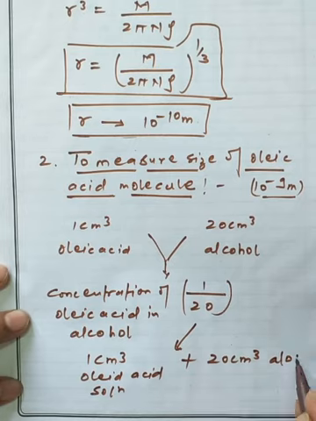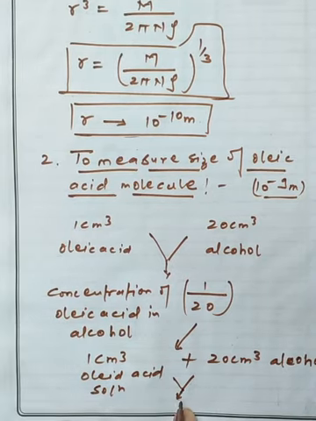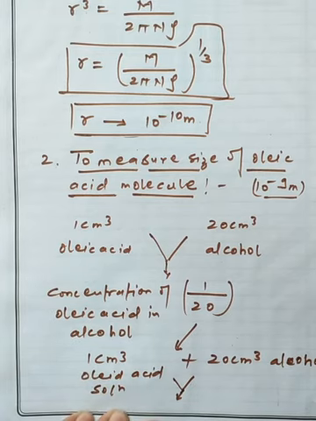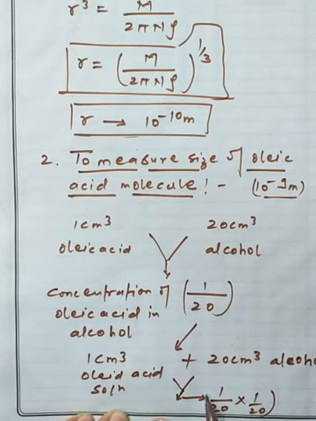Then we find the concentration of oleic acid in the alcohol, which is 1 by 20 into 1 by 20. This is the new concentration of oleic acid in the alcohol.